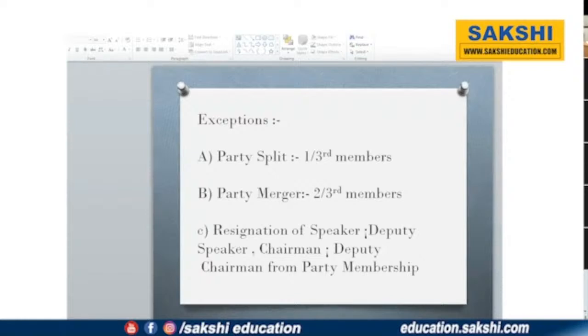So in that scenario, there is a possibility that these members should not be disqualified from the legislative assembly, or in the case of parliament, that might happen.